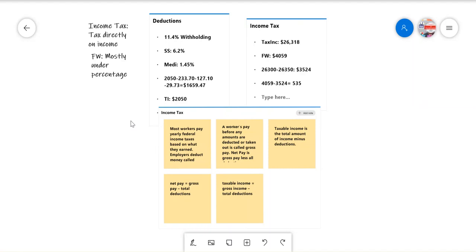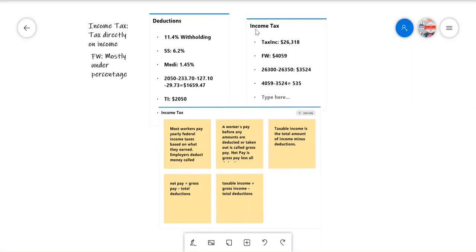Now, I simplified things for you by giving you the totals of all the deductions here, but I would have liked for you to try it yourself. This comes out to a total of $1,659.47. So as you see, withholding is basically coming out from your income straight up before you even get the check.